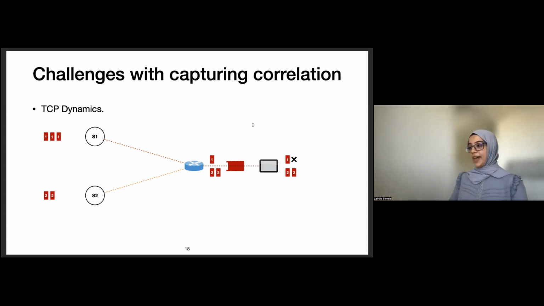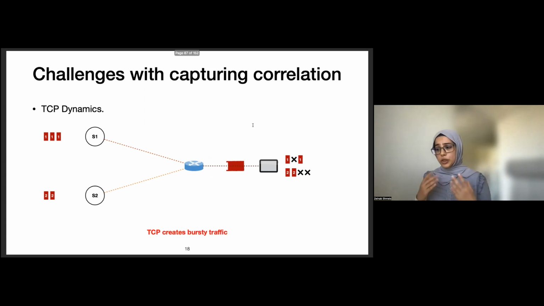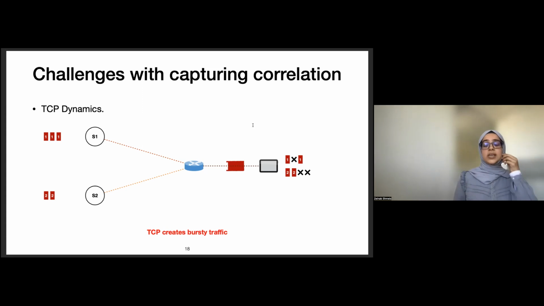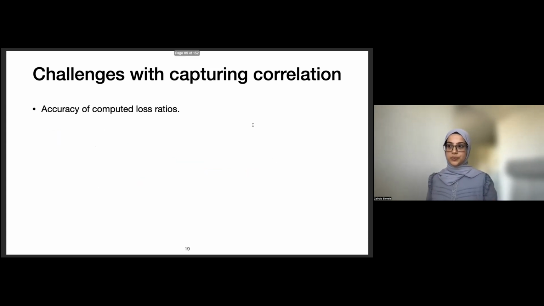As a result, when they reach the queue, one path might experience bursty loss, which can introduce noise to our measurements. So TCP creates bursty traffic. Now, we've seen better results when enabling TCP pacing. TCP pacing helped reduce the traffic burstiness, but the impact remained on the accuracy of the measurements. So we tackle them in the next slides.